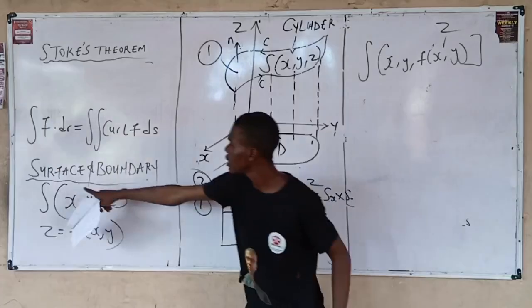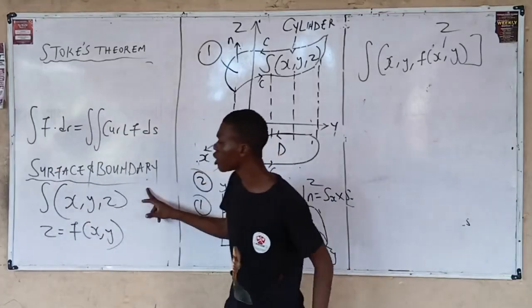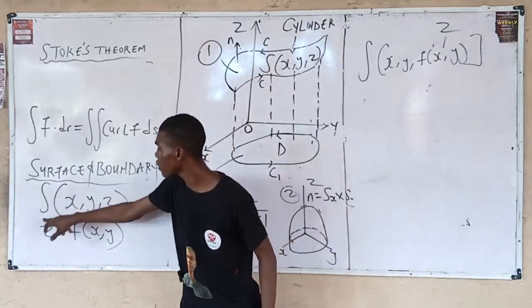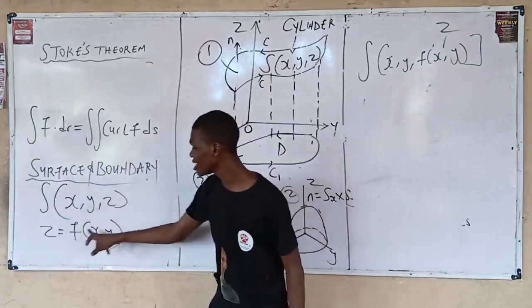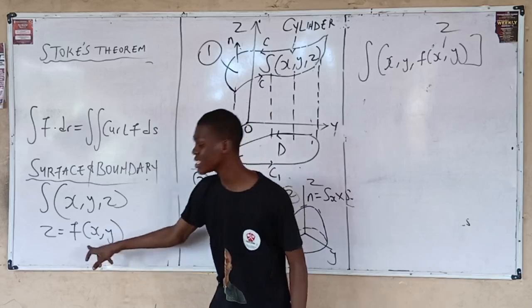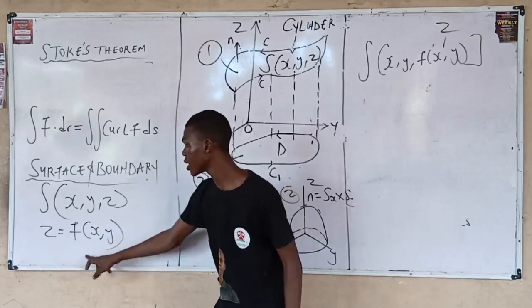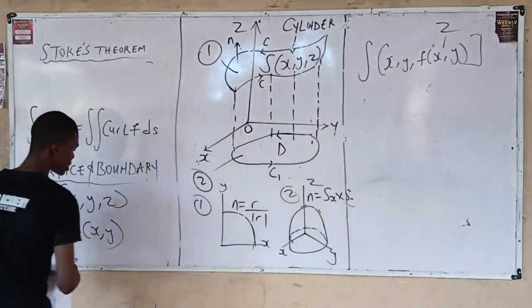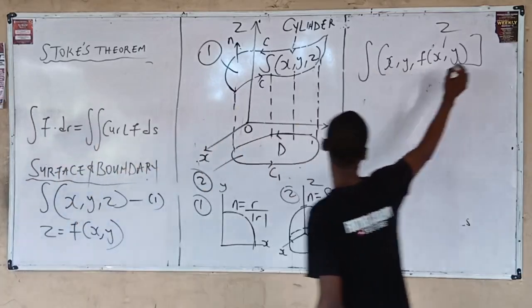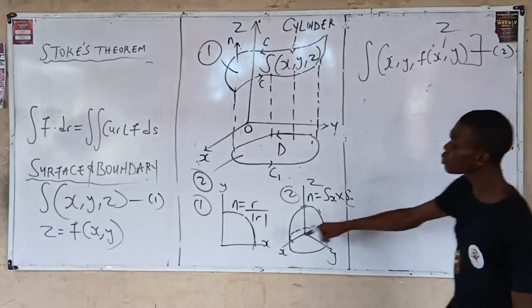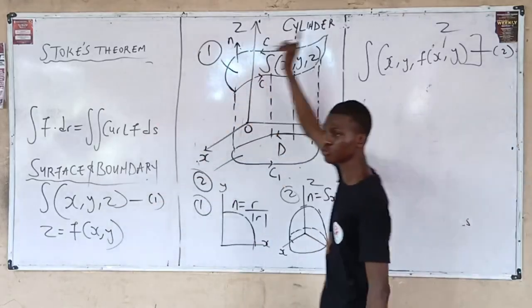The first one, surface and boundary. S, which is my surface, is given as a function of x, y, z, where z is a function of x, y. Meaning, say this is 1, you can have 1 as 2, right? By the time you substitute this z, you have it as 2.